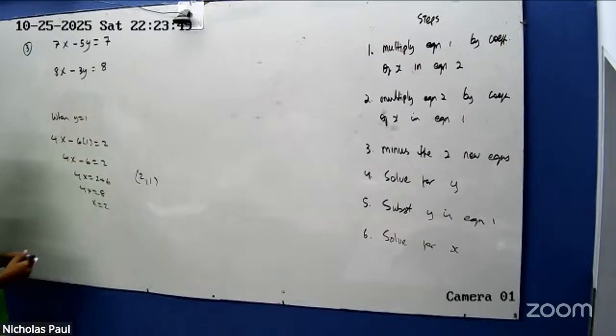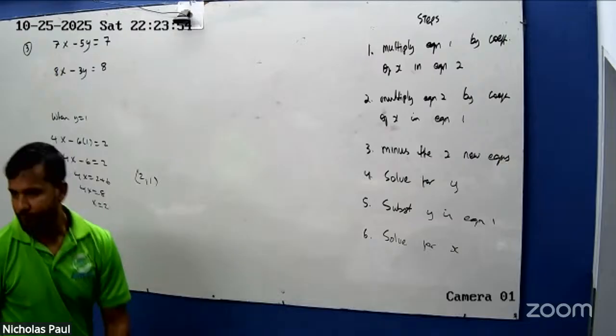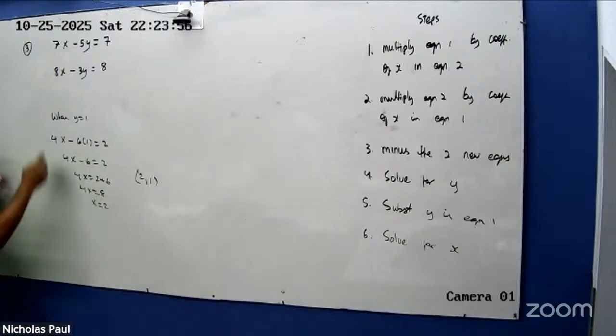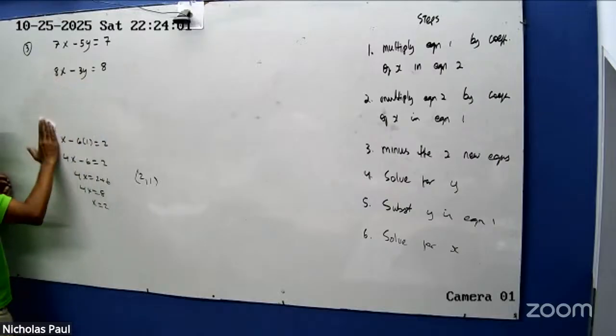Go ahead. The answers will be whole numbers, right? So again, 7x minus 5y is 7, 8x minus 3y is 8.